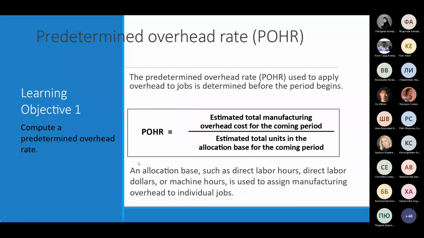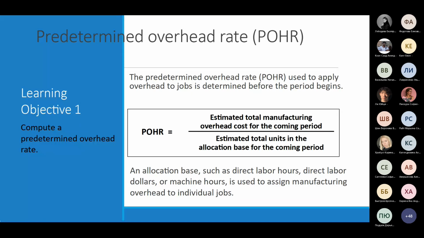And this rate is also called the predetermined overhead rate, and it is used to apply the overhead to jobs. It is determined before the period begins. That's why it is called the predetermined rate.